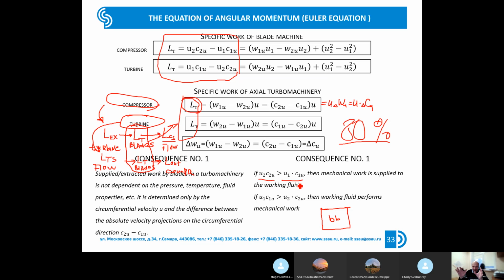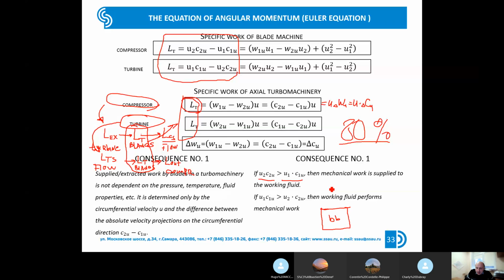In this case, the situation looks very strange because I think in reality it's very hard to imagine that you don't know the type of the turbomachinery, but you measure these values. But let's imagine: if U2 multiplied by C2U is more than U1 multiplied by C1U, in this case mechanical work is supplied to the working fluid.